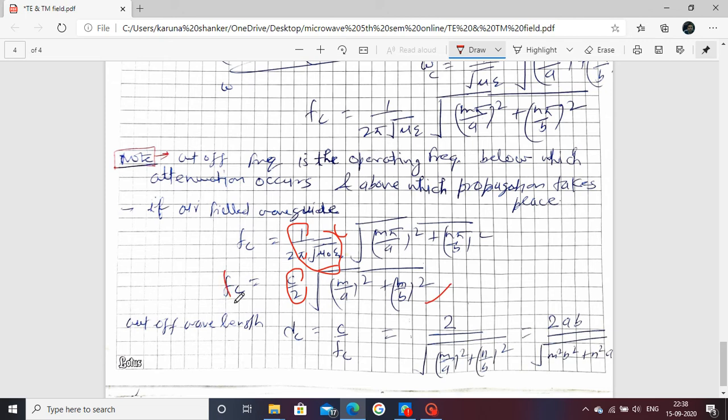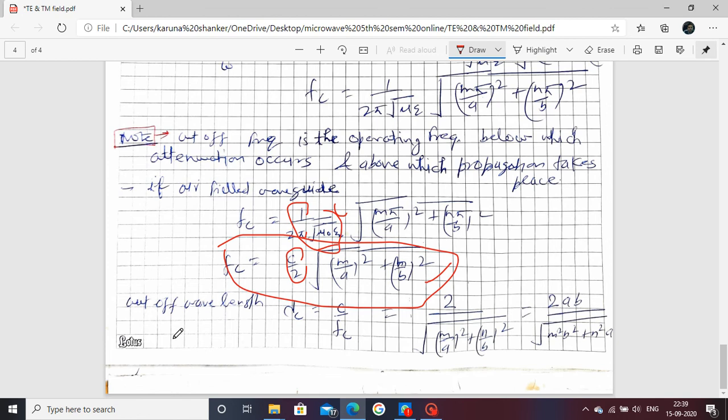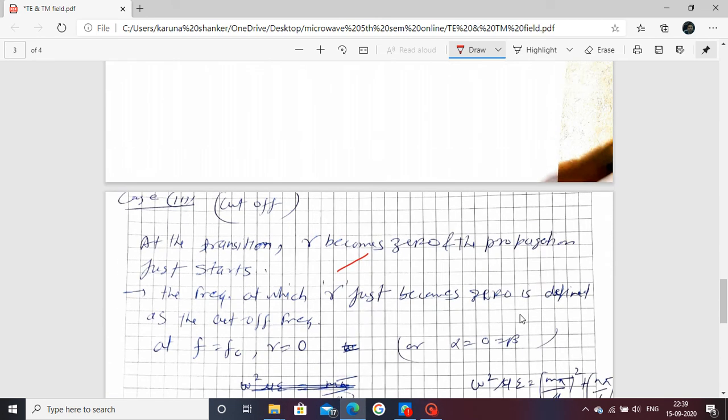This is the cutoff frequency. To calculate the cutoff wavelength, we know lambda is equal to c by f. By this relation, putting this in and arranging, the cutoff wavelength comes out.